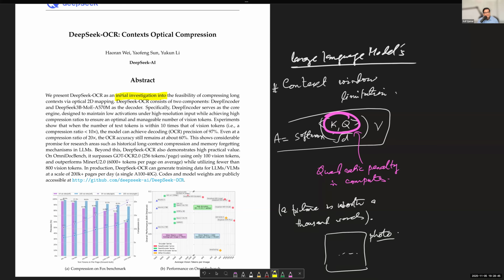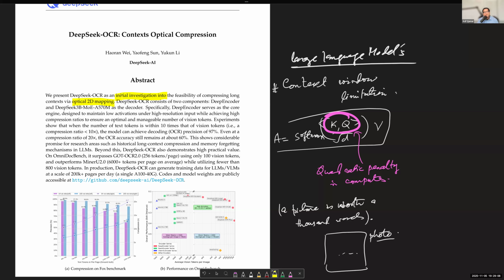As an initial investigation into the feasibility of compressing long contexts via optical 2D maps. Optical 2D maps is a fancy way of saying you just write the words on a page and now it becomes an image. Right? So DeepSeek-OCR consists of two components, an encoder and a DeepSeek decoder.